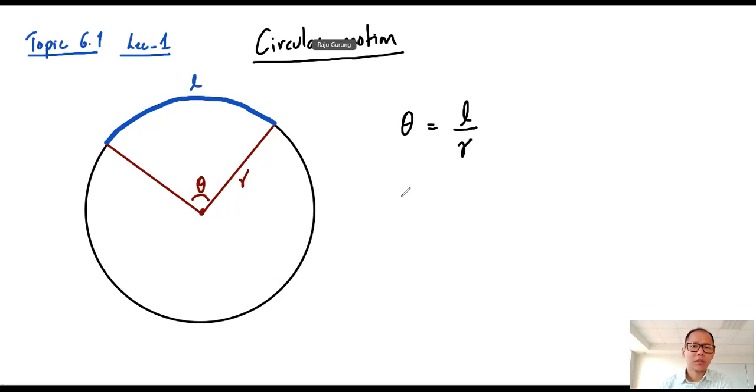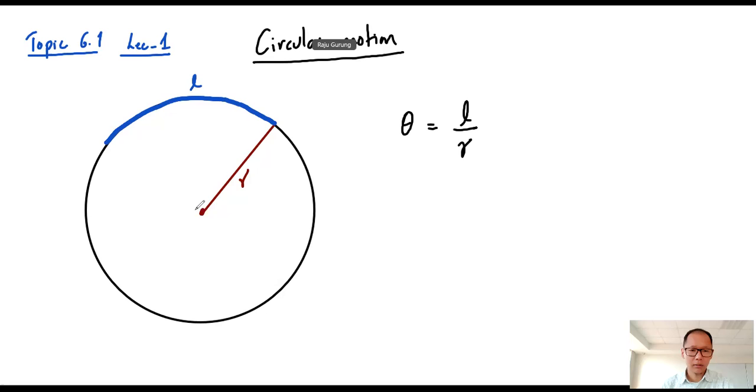Now, let's look at a typical angle that we could write in radians. Assume that instead of an arbitrary angle theta here, it is like this.